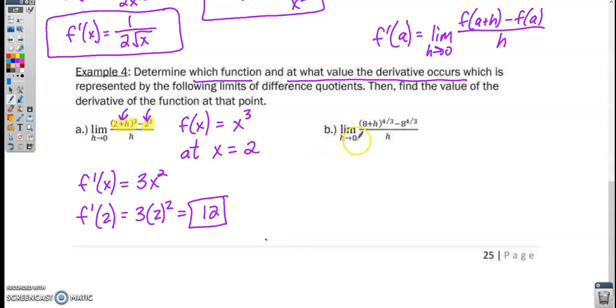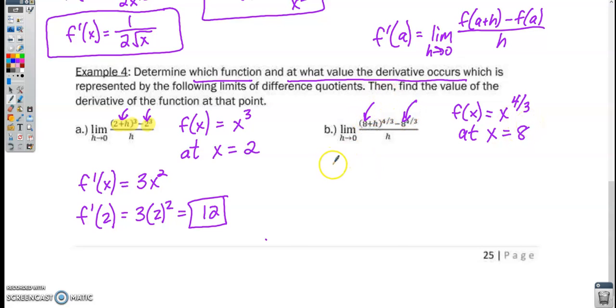The limit as h goes to 0 of the quantity 8 plus h to the 4/3 minus 8 to the 4/3 all over h. So my function here, well, what am I doing to a plus h and to a? I'm raising them to the 4/3 power. Where am I doing it at? Well, the value that I'm substituting in is 8.